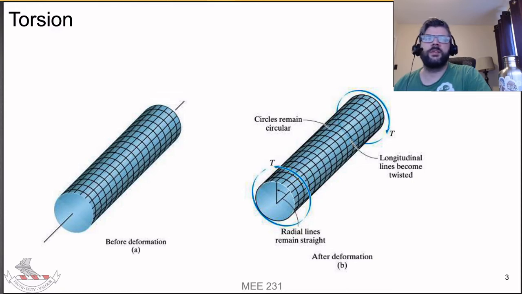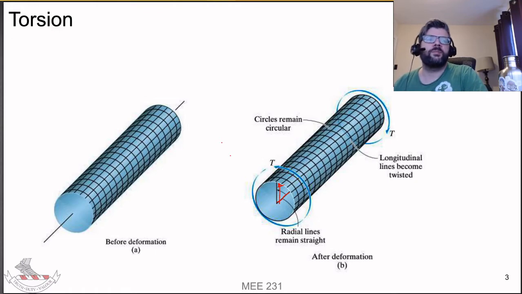These radial lines stay straight, but they rotate, so it'll move from here to here. The circles at any cross section stay circular. This is for a circular shaft. That's not going to be the case if you have a non-circular shaft, where the assumption that the cross section stays the same is not valid.